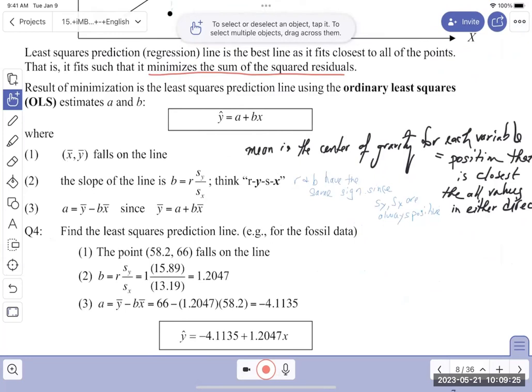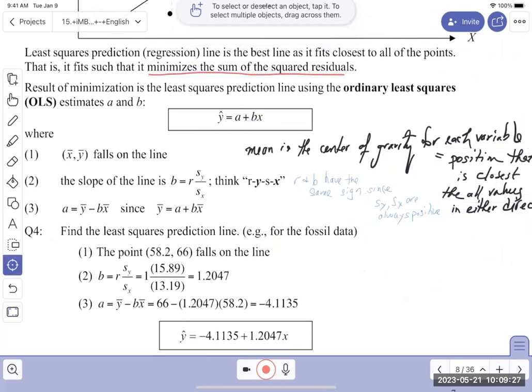So here's an example, going back to the fossil data that we looked at. This was the mean of X. This was the mean of Y. R, I'm just going to round to 2 decimals, so it's going to be 1. SY is 15.82, SX was 13.19.